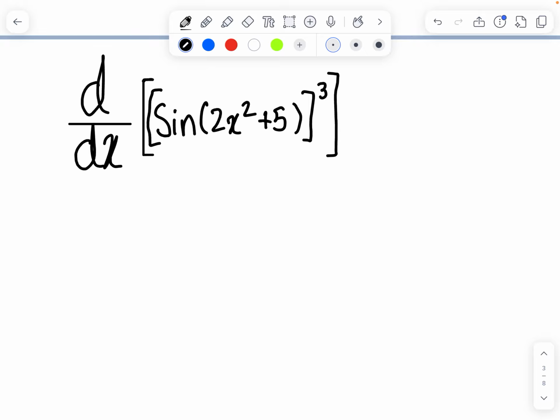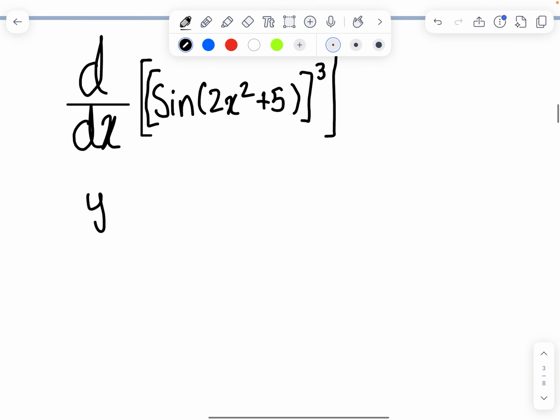So since there's multiple layers of chain rule, you have to keep on taking the derivative of each term. So I'll show you what I mean by that. First, we have to take the derivative of the outside. So we have to apply the power rule.